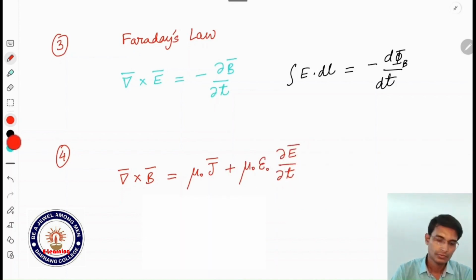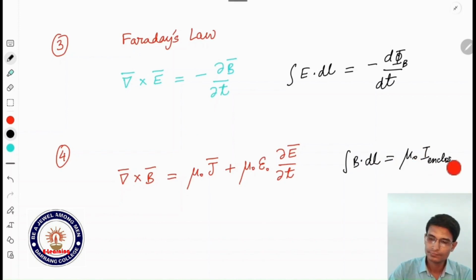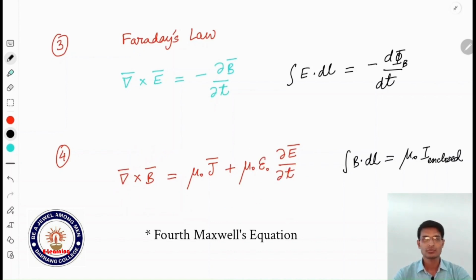The integral form of Ampere's law can be written as integral B dot dL is equal to mu naught I enclosed. So Maxwell made a correction to Ampere's law where he included the term mu naught epsilon naught del E del t, and he wrote down the differential form of the Maxwell's equation.